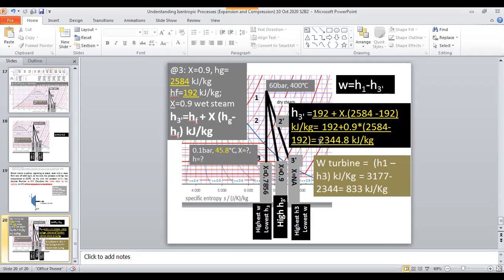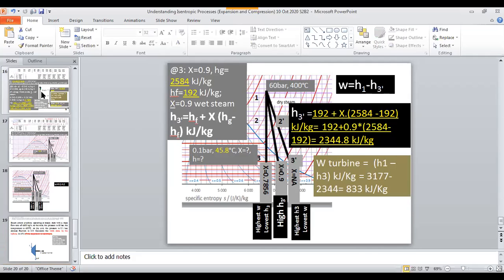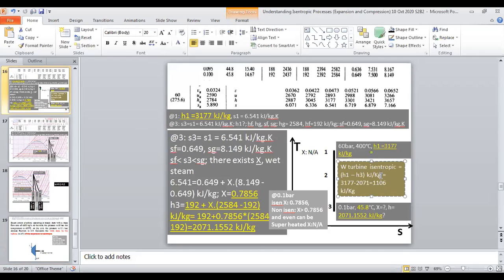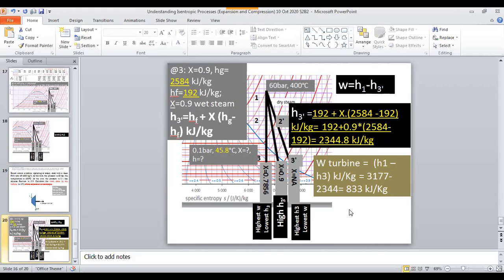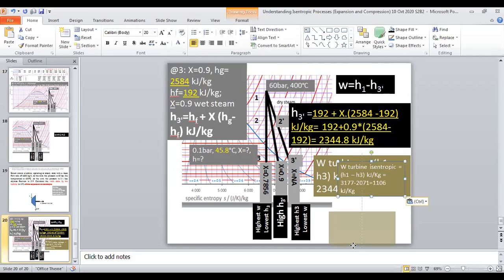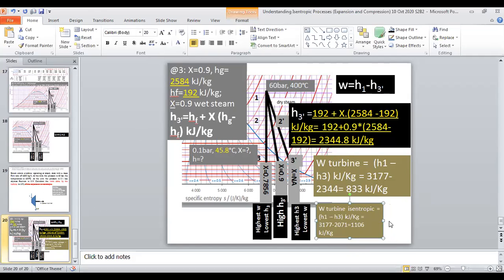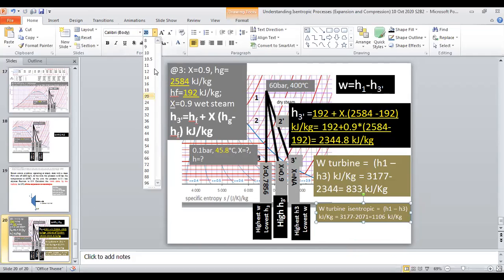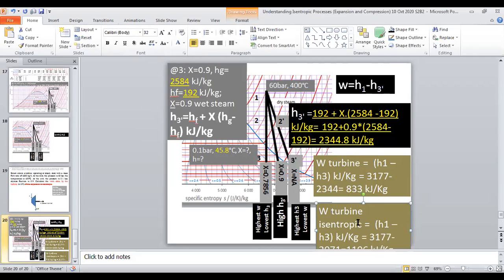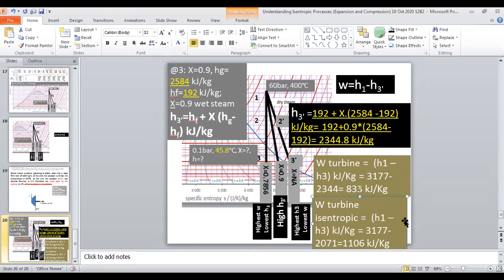Earlier, W turbine isentropic was 1106. Okay, it is 1106.